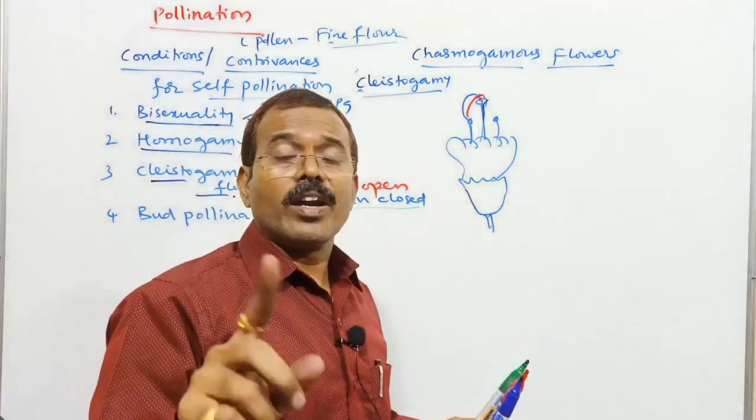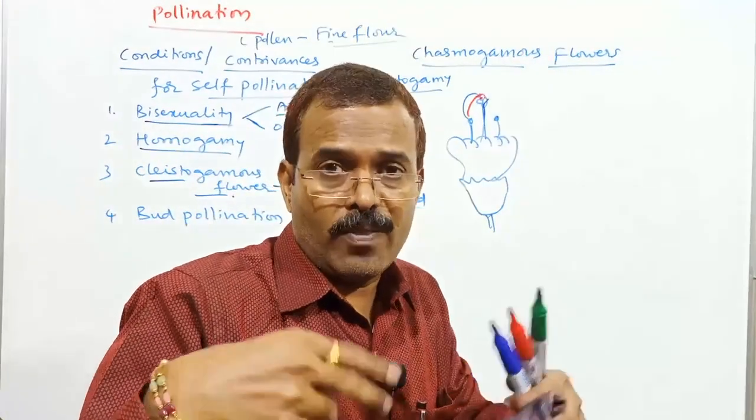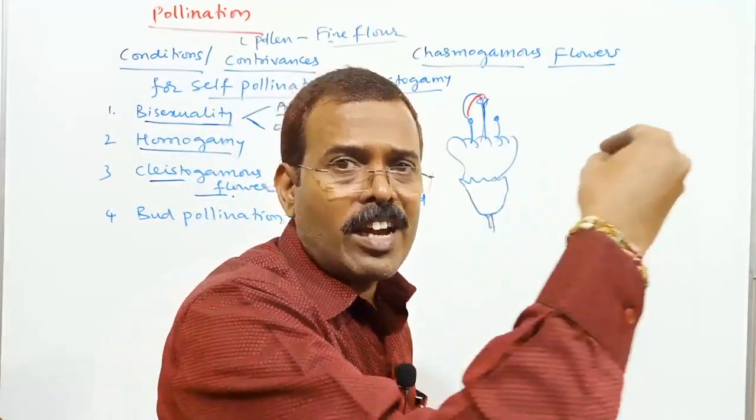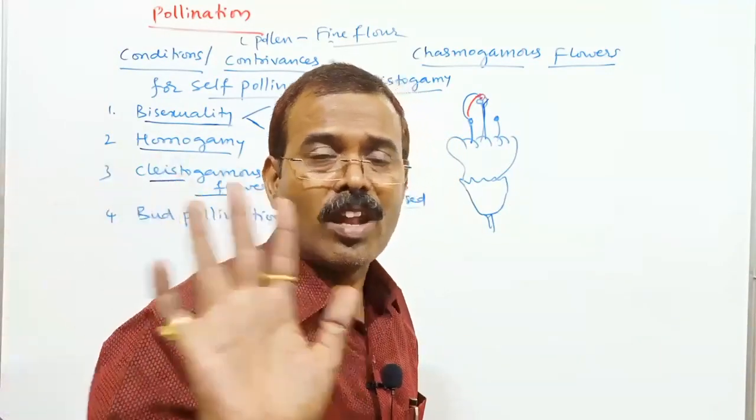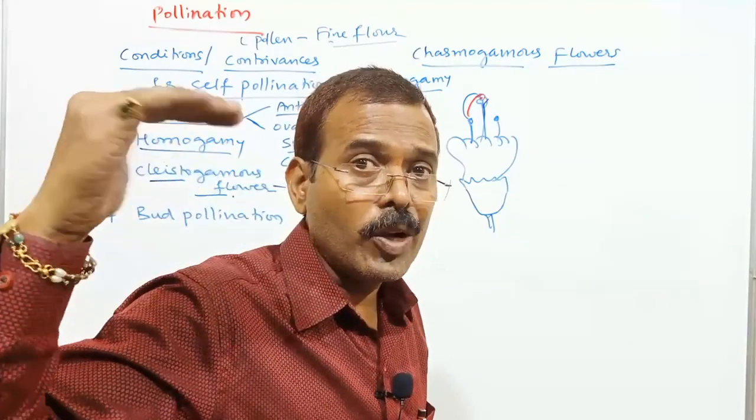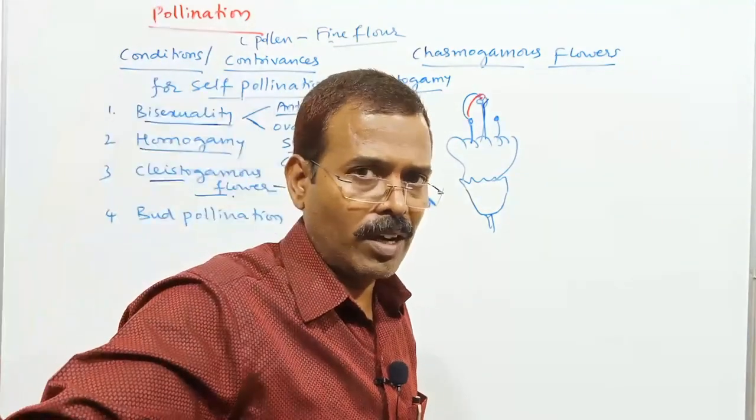If anther and stigma mature at different times, pollen grain release at one time, stigma receptivity at another time, there will not be self-pollination. That leads to cross-pollination. That we will learn later on.